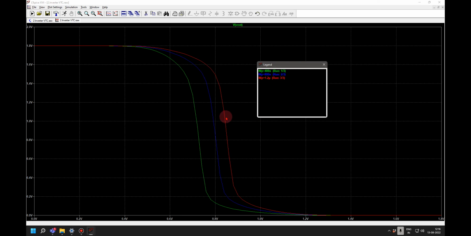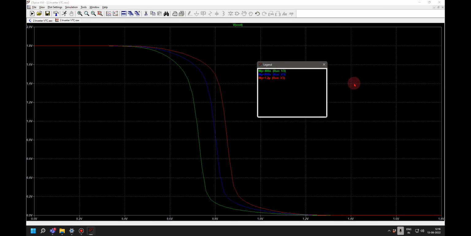But for all our assignments and designs, we will take WN to WP as 1:2. For the VTC curve in this lab exercise, you can change it and try to find out what would be the best size of the PMOS to get a symmetrical curve.